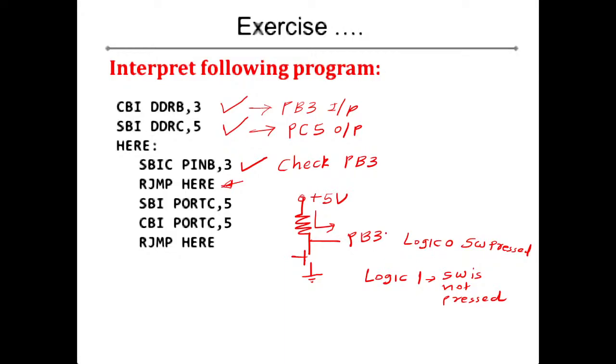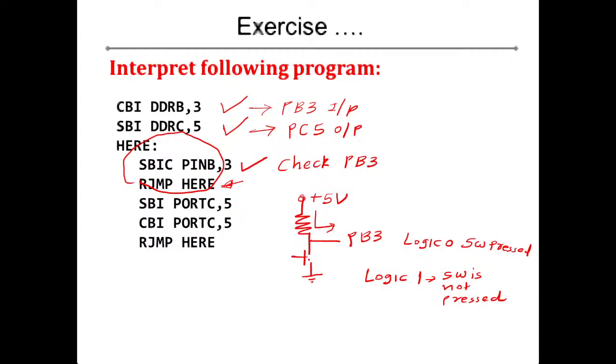If the switch is not pressed here, then what will happen? This loop will continue, because RJMP means jump to this label. So continuously this infinite loop will be executed if the switch is not pressed.